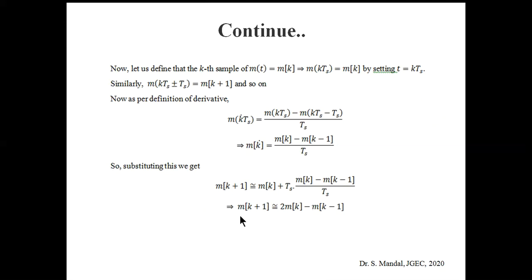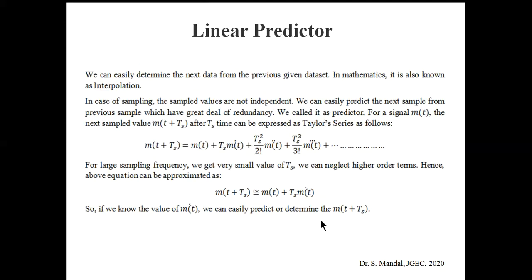Ts can be cancelled, and we get m[k+1] = 2m[k] − m[k−1]. So you can see that we can easily determine the next sample value from the previous given data.